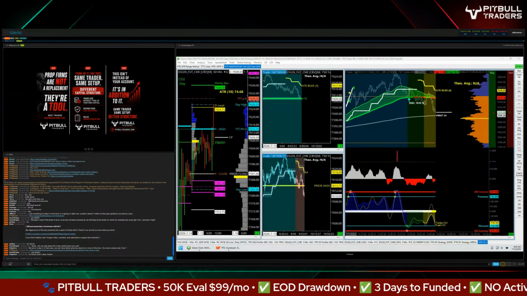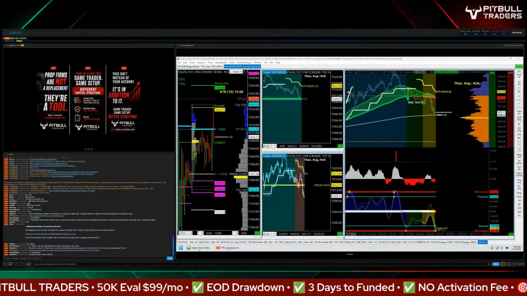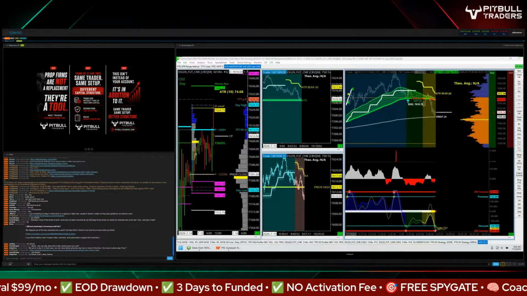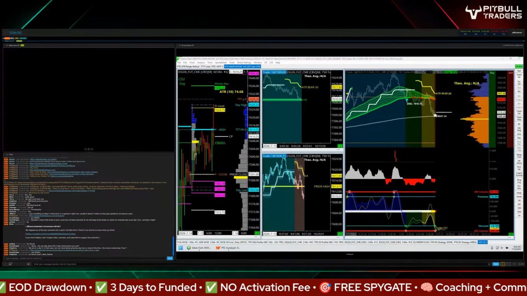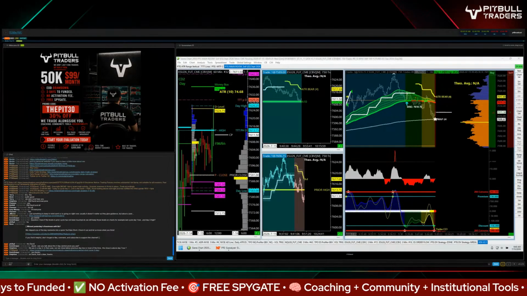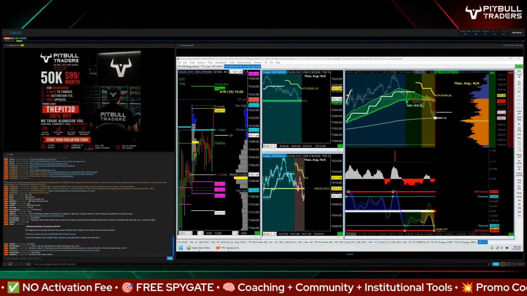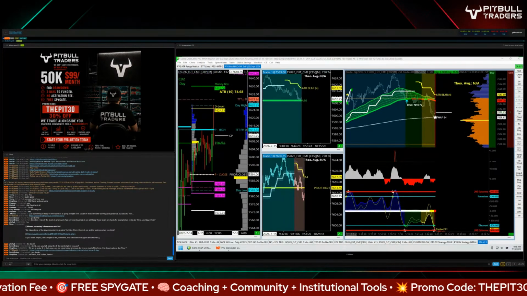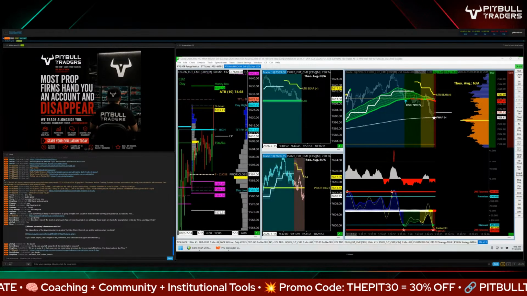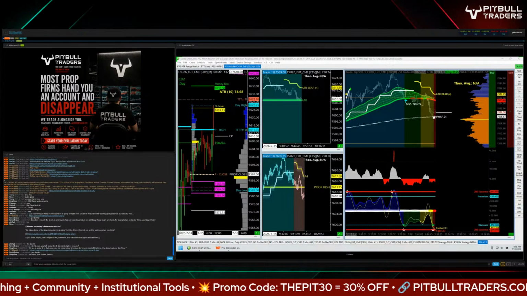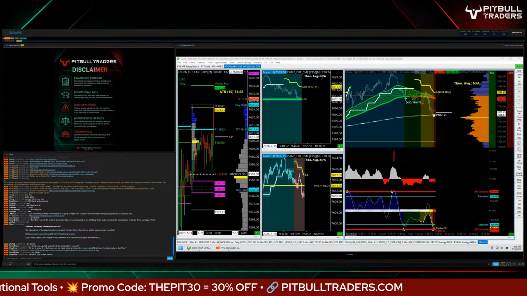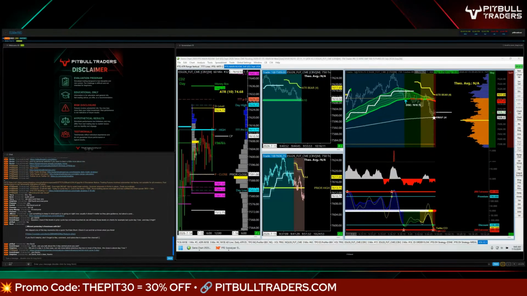So right now it looks like we're getting more of a fade back into the range.